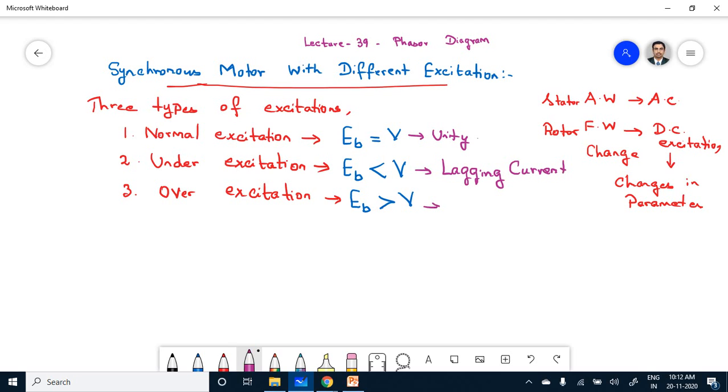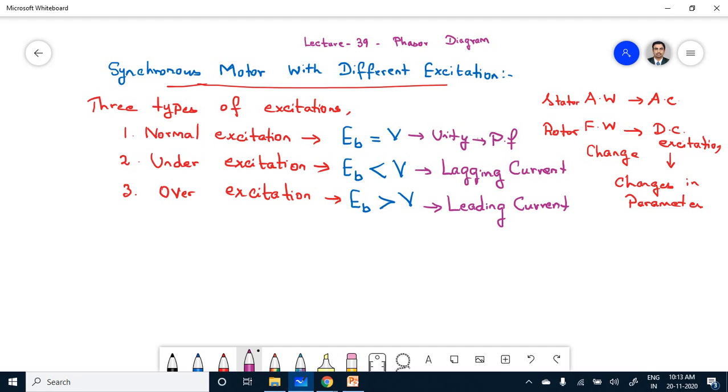In over excitation, it will be leading current. So if the current is unity, the power factor is also unity. The power factor is unity in normal excitation.